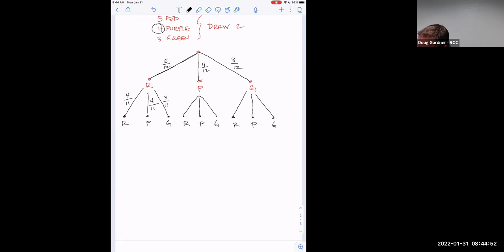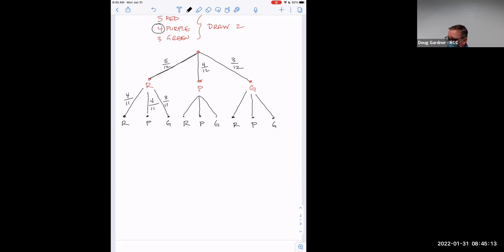So again, going down this branch, your first pick was purple. So you have to think about that. What does that make these probabilities then, given that your first choice was purple, since you already made that choice? Just want to give you a second to think about it.